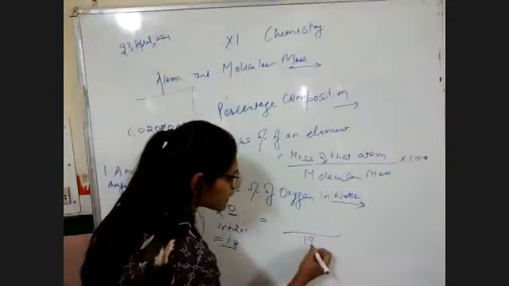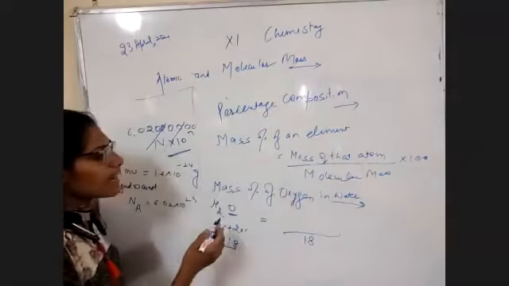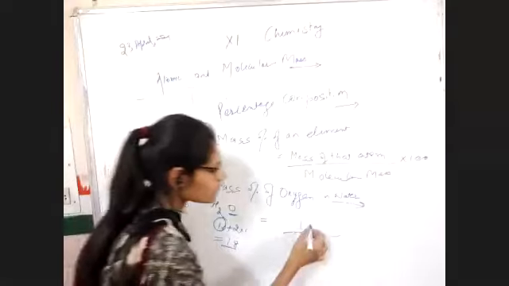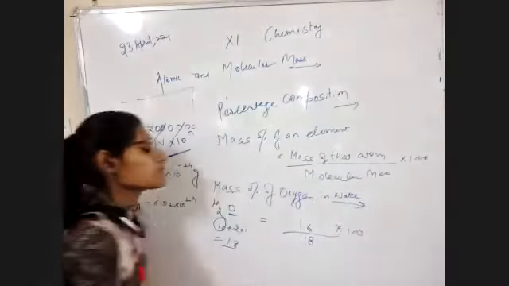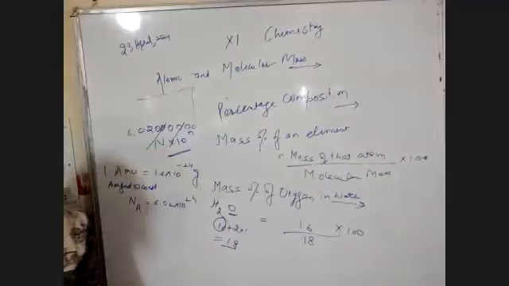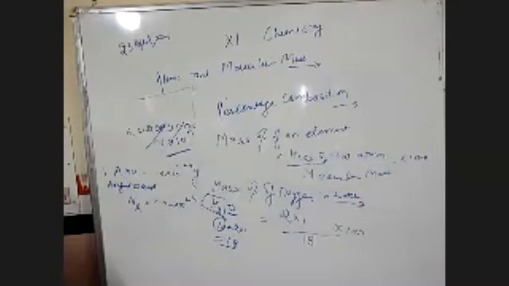So we must divide by 18. And the mass of the atom, that is oxygen, is 16 into 100. So this would be our mass percentage. Okay, this is all about mass percentage.